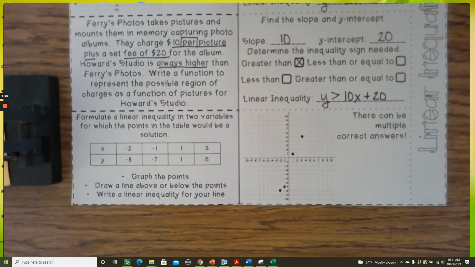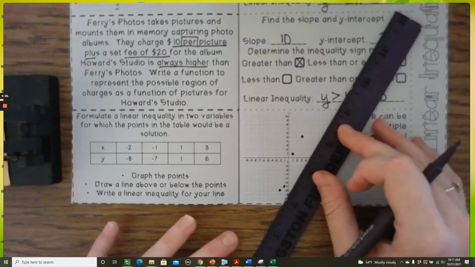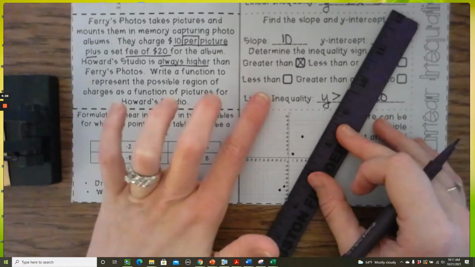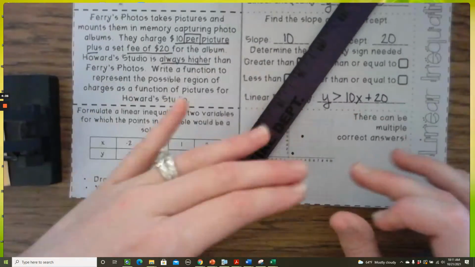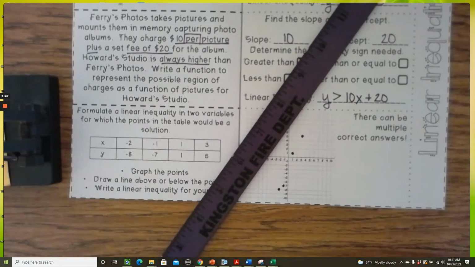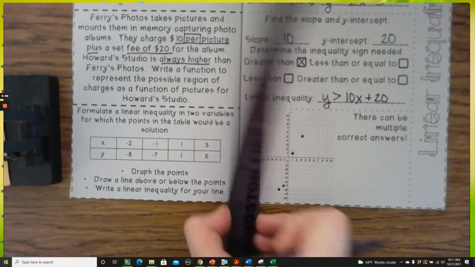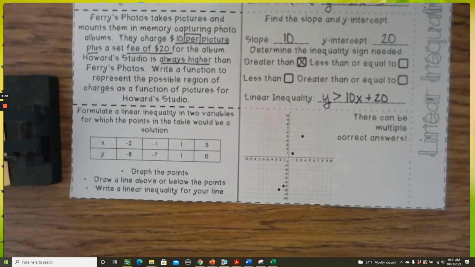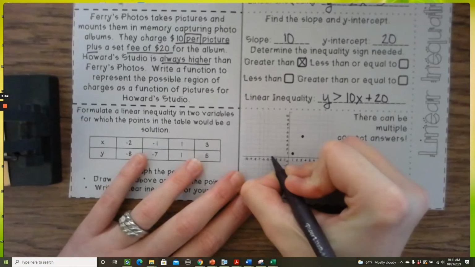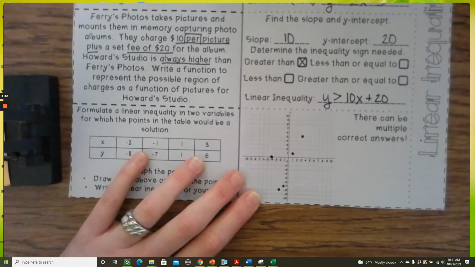So I can draw a line anywhere above or below the points. I could draw a line here and shade above the line. I can draw a line here and shade below the line. I get to make the line. So if I get to make the line, and I know I'm going to have to write an inequality for it, I want to pick some nice points for my line to go through. So here's what I'm going to do. I'm going to use the points -4, 0, and 0, 6.